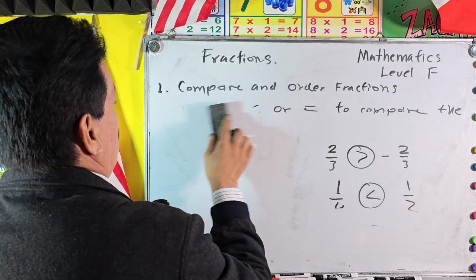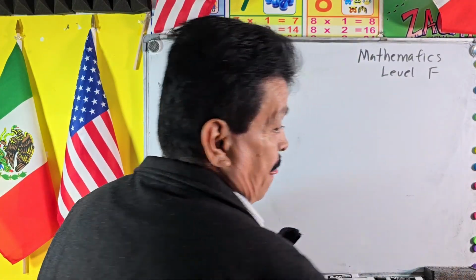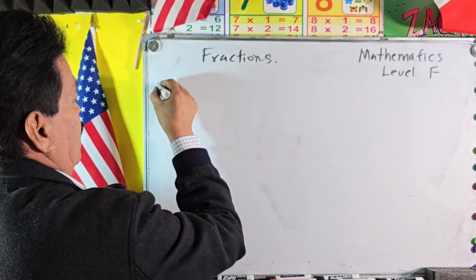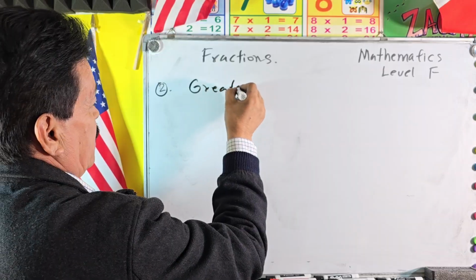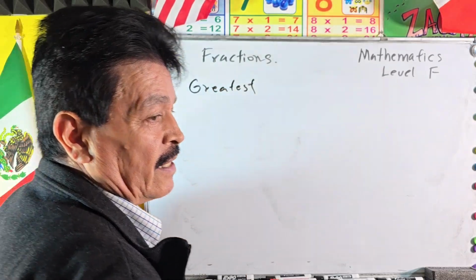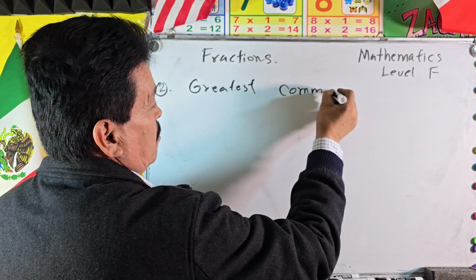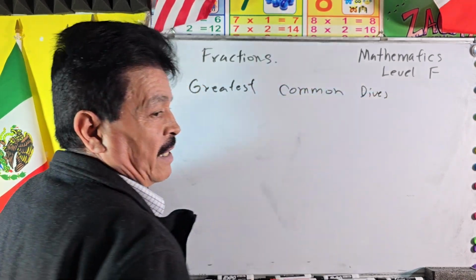Next, let's compare other numbers. I will talk about the greatest common divisor. This is very important. Greatest common divisor, right?